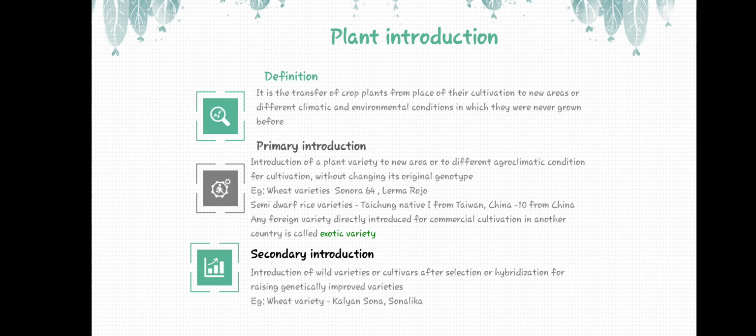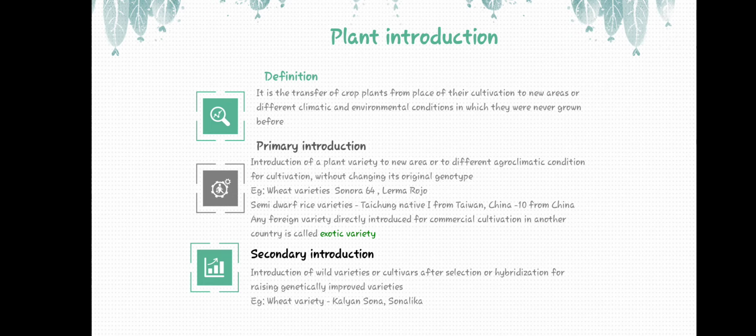And another example is the semi-dwarf rice varieties, Taichung Native 1, which was obtained from Taiwan, and China 10, which was obtained from China. These were taken from those places and then introduced to India.